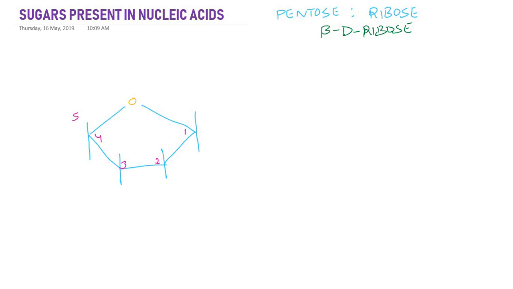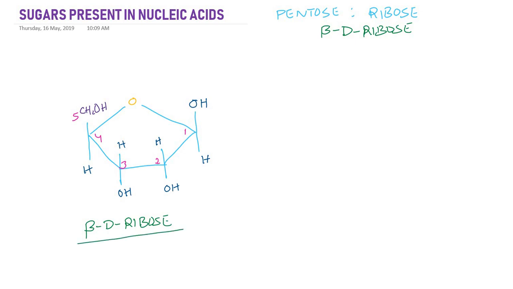So the last carbon atom is always CH2OH. So you know, if the OH is above the plane, we call it as beta sugar. So here the first carbon atom, the anomeric carbon atom, OH is above the plane. So this is beta. So this is our beta D ribose. This ribose is mainly present in RNA.